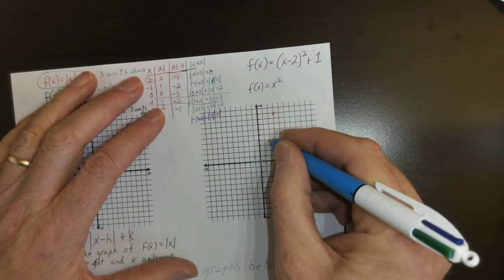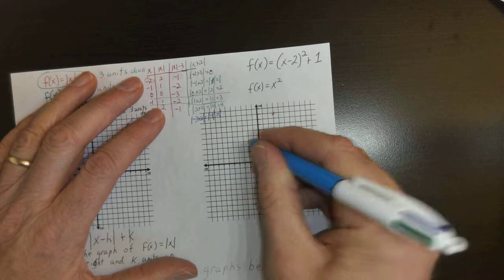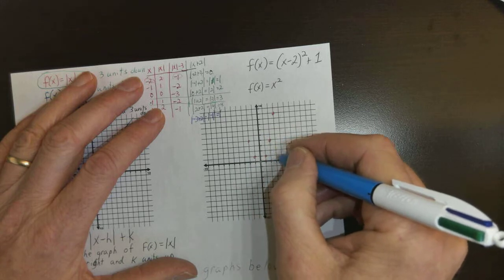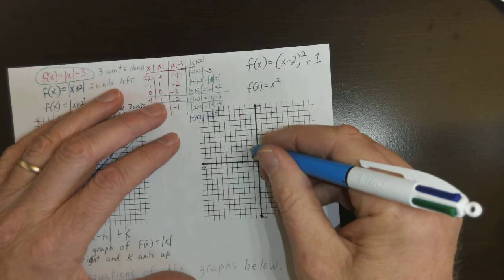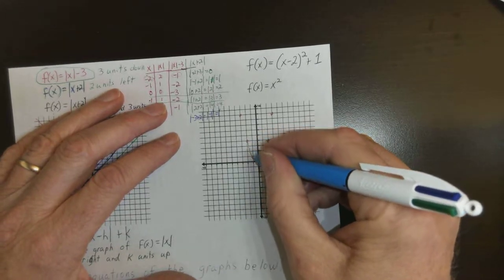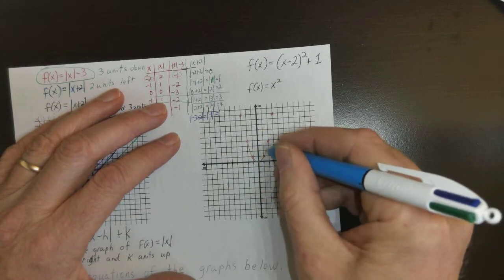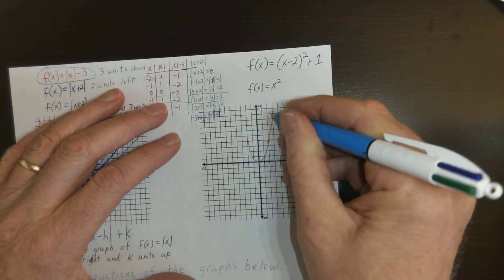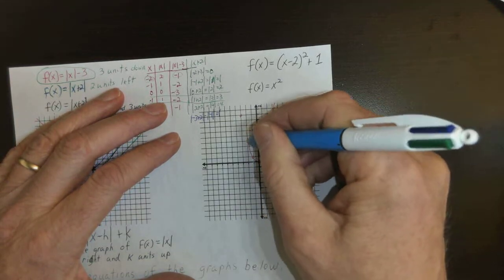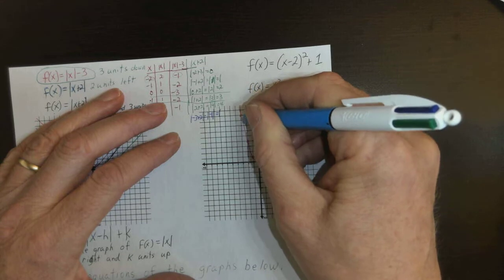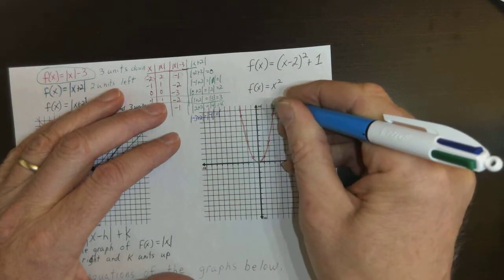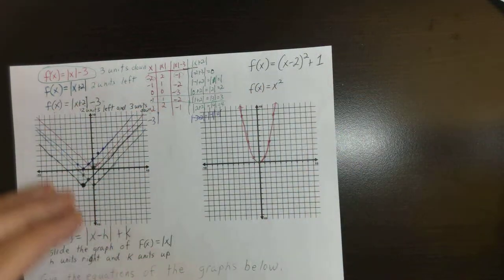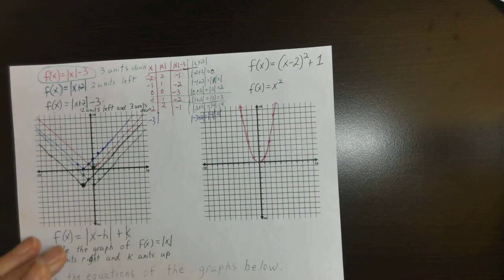Negative 1, 1, negative 2, 4, negative 3, 9. Okay. Oh, that parabola, right? Remember calling this thing a parabola in Algebra 1? Still a parabola.